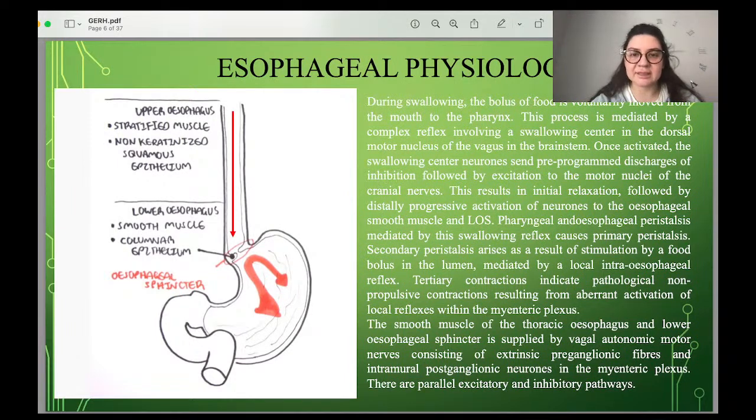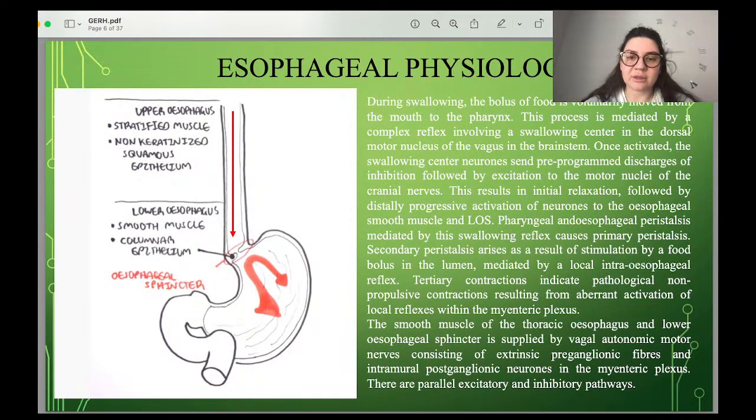Secondary peristalsis arises as a result of stimulation by a food bolus in the lumen, mediated by a local intraesophageal reflex. Tertiary contractions indicate pathological non-propulsive contractions resulting from aberrant activation of local reflexes within the myenteric plexus.